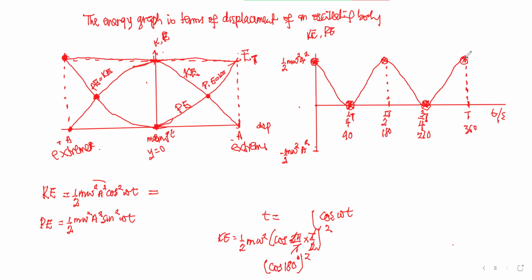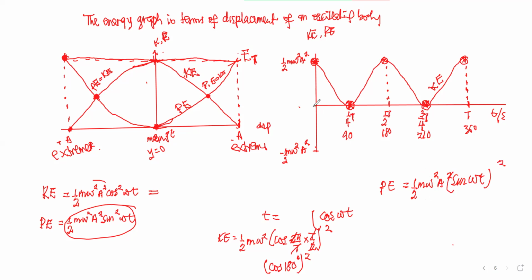So this is a graph of KE for one cycle. For P, let's use half m omega squared a squared sine squared omega t.